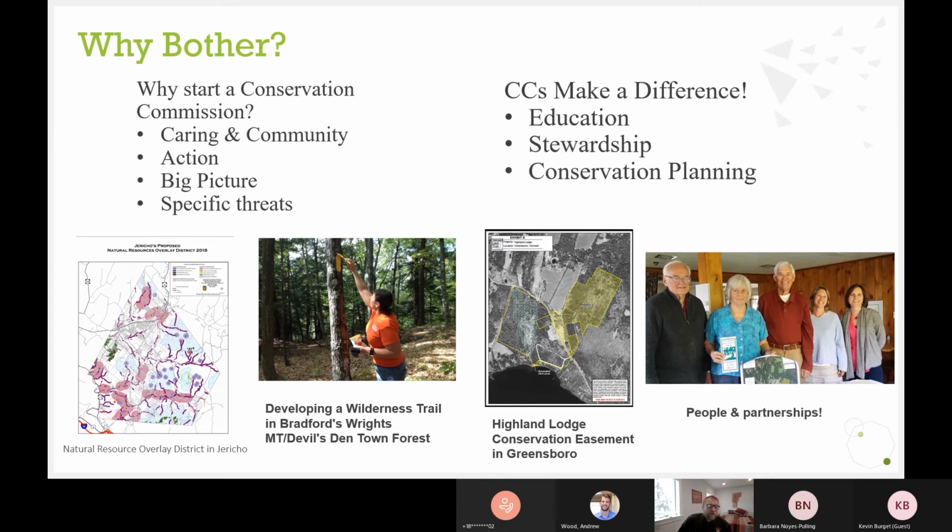So examples of CC work are the Natural Resource Overlay District in Jericho that we'll talk more about, or stewardship activities, trail management activities there in Bradford, or the conservation easements that have been done in Greensboro with the Greensboro Conservation Commission and Land Trust. So there's a lot of exciting work that CCs can do to make a difference in every Vermont town.